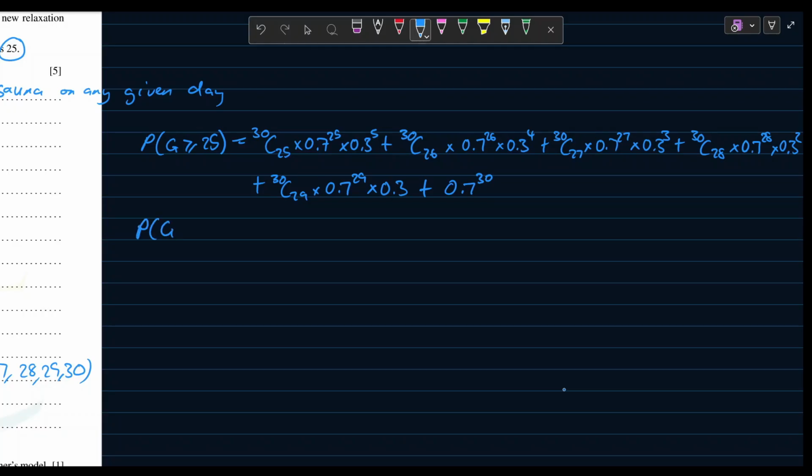Okay, so let's punch this whole thing into our calculator. So that is 30 choose 25 times 0.7 to the power 25 times 0.3 to the power 5, plus 30 choose 26 times 0.7 to the power 26 times 0.3 to the 4, plus 30 choose 27 times 0.7 to the 27 times 0.3 cubed, plus 30 choose 28 times 0.7 to the 28 times 0.3 squared, plus 30 choose 29 times 0.7 to the 29 times 0.3, plus 0.7 to the 30.